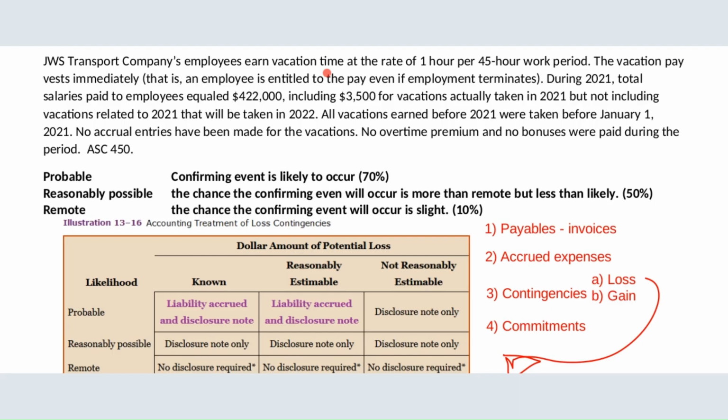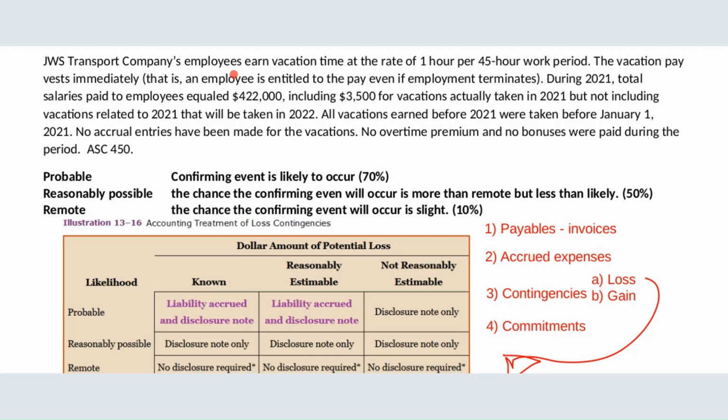Some companies will allow you to keep accumulating vacation time forever, but most companies have a cap. So the maximum amount that you can accumulate is, let's say, 200 hours, and after that you're going to lose it, so you have to use it. This is kind of forcing people to take that vacation.